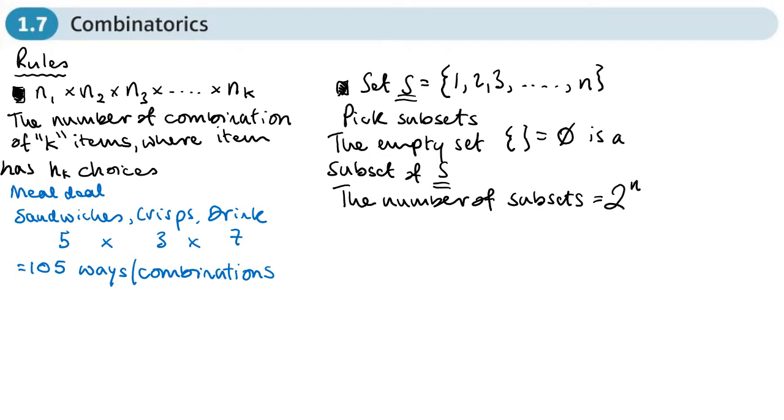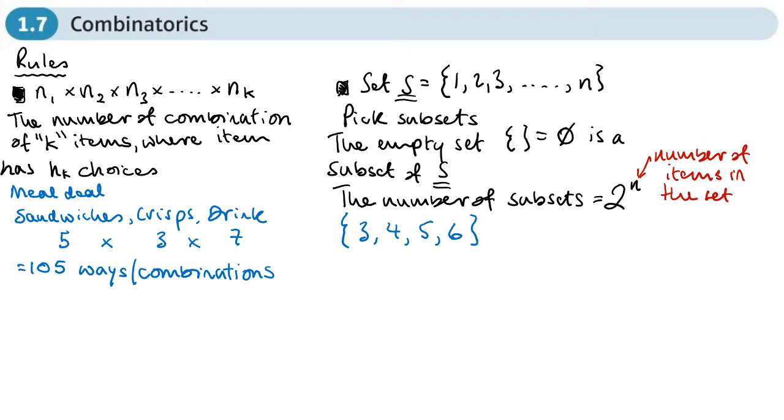Now the rule is that the number of subsets is equal to 2 to the power of n, where n is the number of items in the set. So here's an example of that type of question.